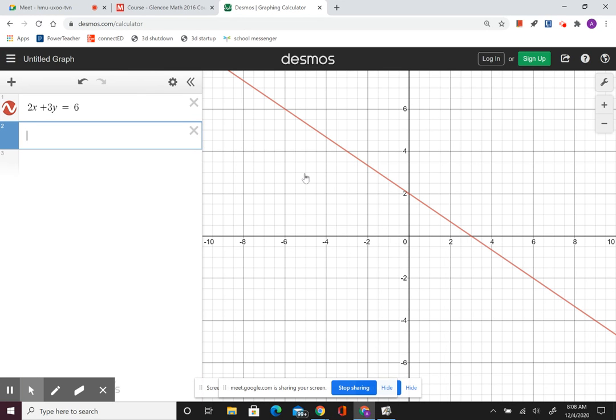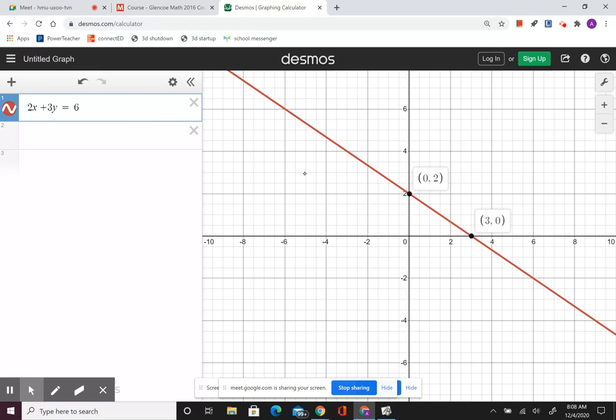So on this graph, I would pick this point right here and put a point there of (0, 2), and put a point here of (3, 0). That gives you the x-intercept. I'm sorry, the x-intercept here is equal to 3, and the y-intercept is equal to 2.